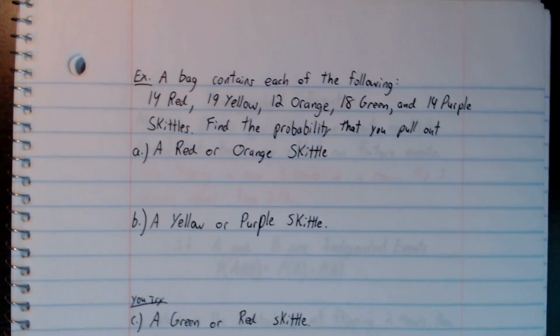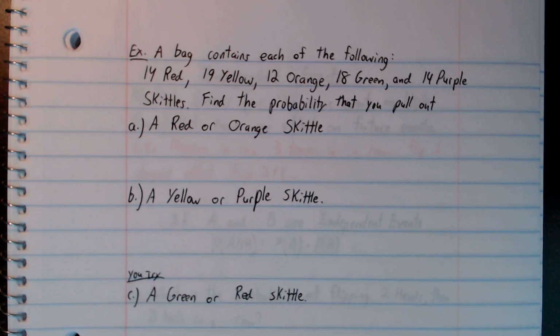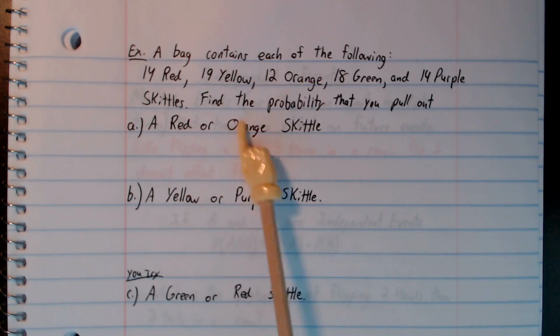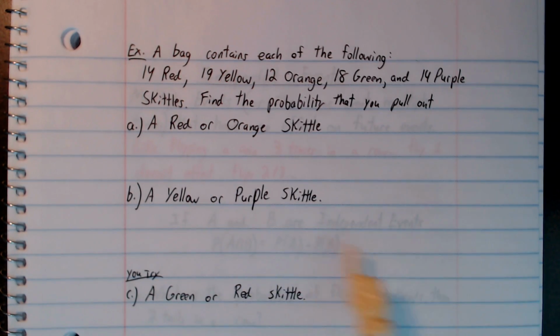More exciting problems. Skittles. Who does not like Skittles? All right, a bag contains each of the following: 14 red, 19 yellow, 12 orange, 18 green, and 14 purple Skittles. Find the probability that you will pull out a red or orange Skittle. Right, so in this situation, we can't pull out both at the same time if we're only pulling one out.